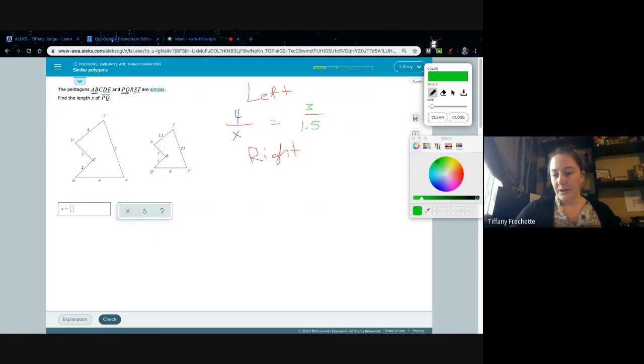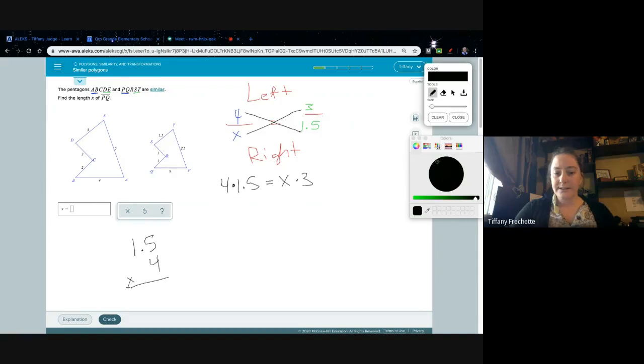All right, so I'm going to go with black here for working out the problem. So 4 times 1.5 equals x times 3. So this one, again, if you were to multiply it, you would just write it like a regular multiplication problem. You get 20, 4, 5, 6 with your carryover.